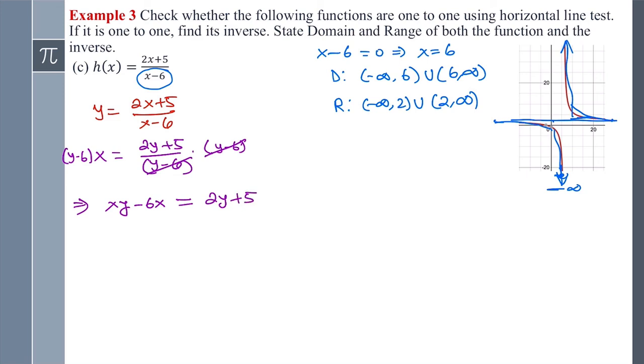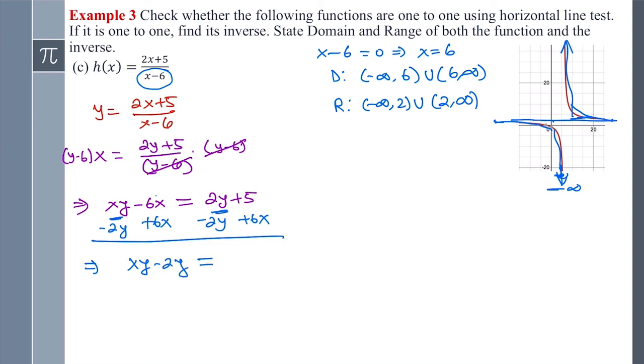Remember, we are trying to solve for y. We have a term with y right here, and another term with y right here, so we need to put them together. We subtract 2y from both sides, and then we don't want that 6x, so we add 6x on both sides. When we do that, we get xy minus 2y equals 6x plus 5.